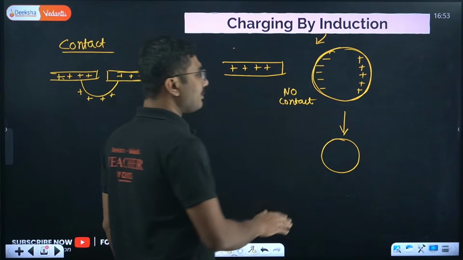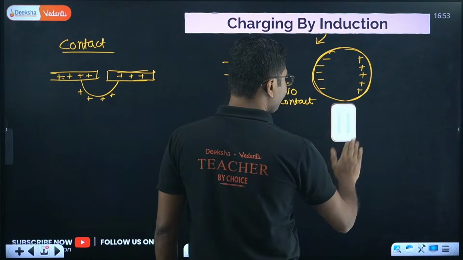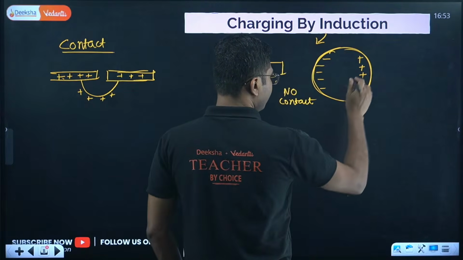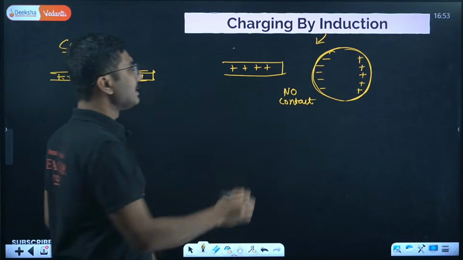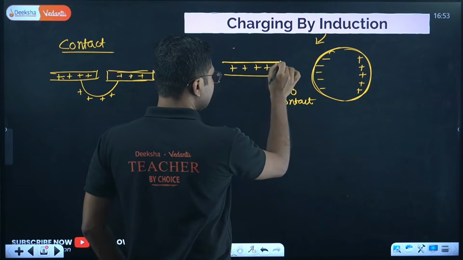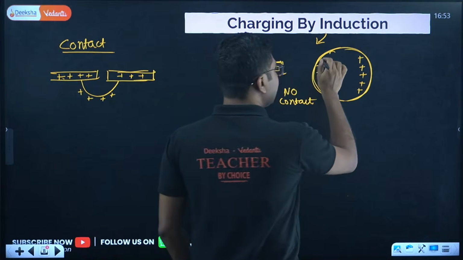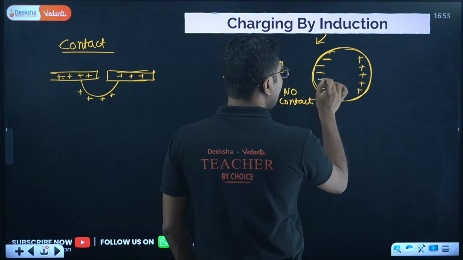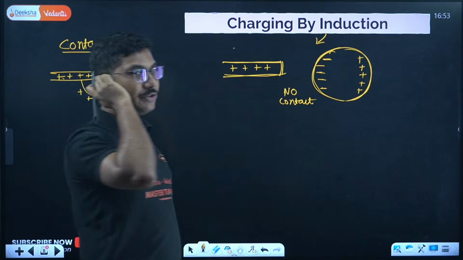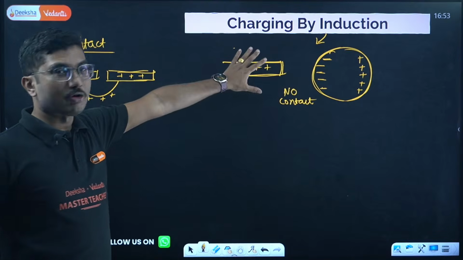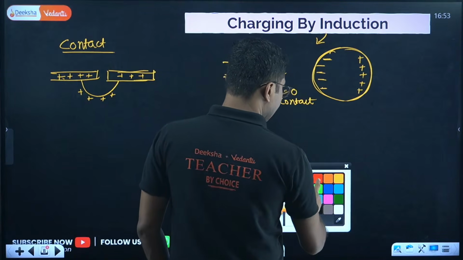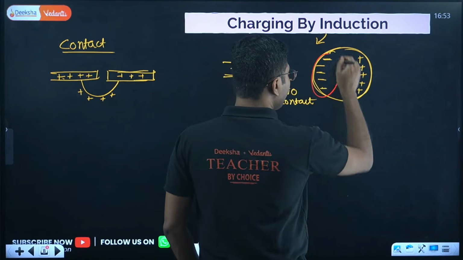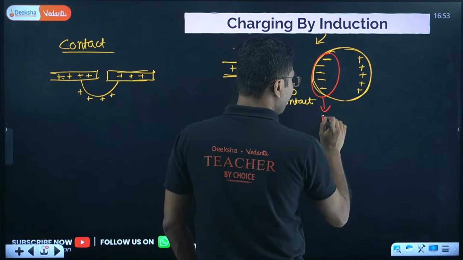If we want to keep this object charged, what can we do? One more important thing: as long as this object is present, these negative charges are not able to move. They are fixed with this positive charge. These charges are called bound charges.